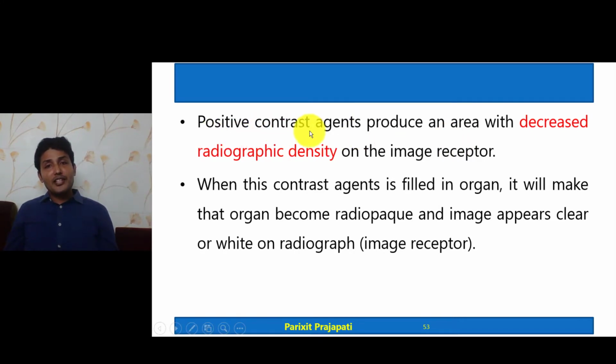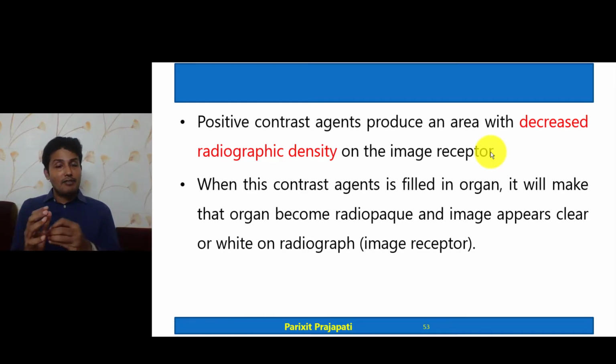Positive contrast agents produce an area with decreased radiographic density on the image receptor. In X-ray, the organ being analyzed is there, X radiation passes through it, and the image is received on a plate or image receptor.